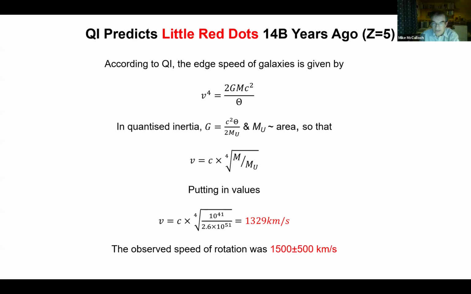So the cosmic scale is less. And you can assume a few of the things as well. But basically, putting in values, QI predicts that the speed of them should be about 1,300 kilometers per second, which is in agreement with what's seen. So I'm hoping to write a paper about this fairly soon.